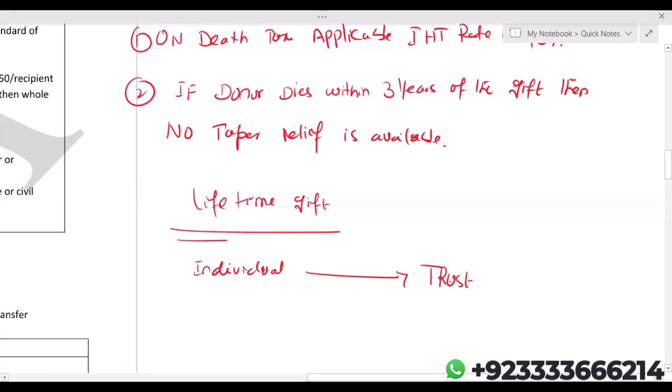If this is the case, that the individual has given a gift to the trust, then it is treated as CLT, chargeable lifetime transfer. Repeat, when an individual gives a gift to the trust, it is treated as chargeable lifetime transfer, and on chargeable lifetime transfer, there is a tax during the lifetime.